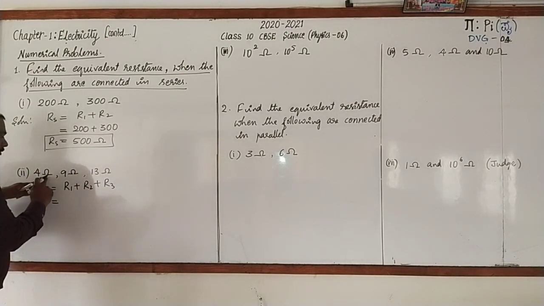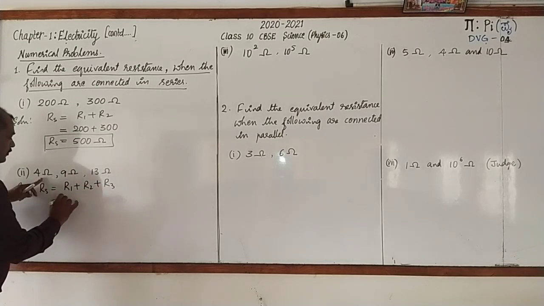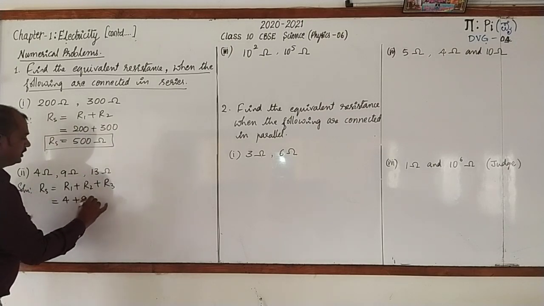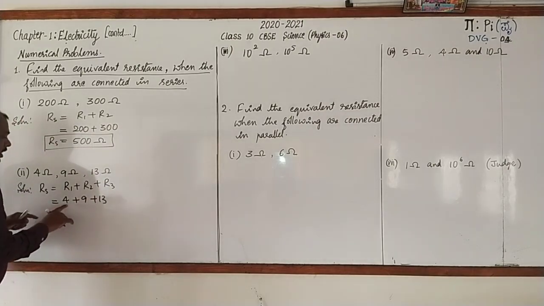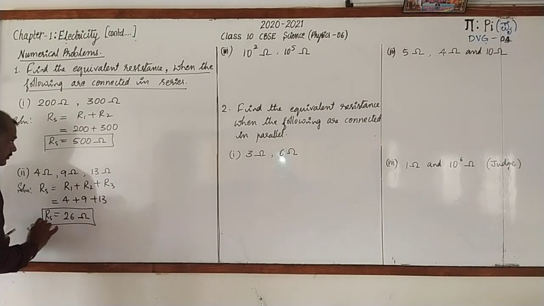Call this R1, this R2 and 13 ohm R3. R1 is 4 ohm, R2 is 9 ohm and R3 is 13 ohm. 4 plus 9 is 13, 13 plus 13 is 26. So the effective or equivalent resistance is 26 ohm.